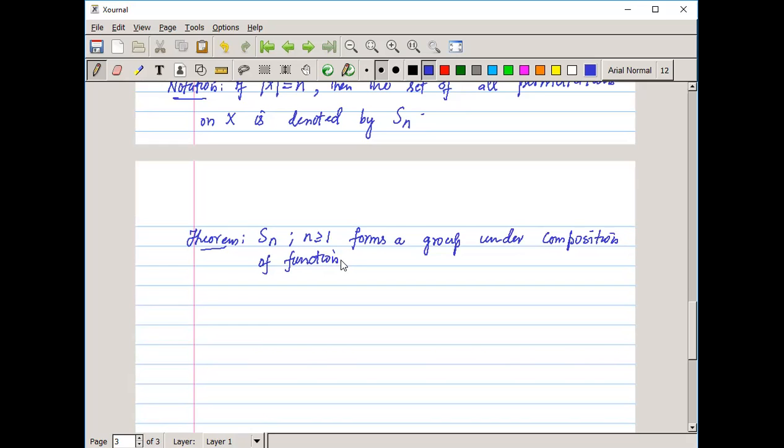So the operation under which the set Sn forms a group is the mapping composition of functions. So the proof is actually simple.